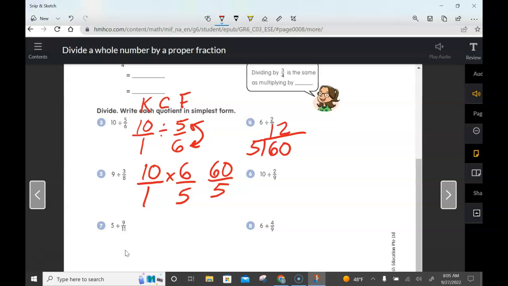That's going to go 12 times with nothing left over. We have a remainder of 0, which you would not even put up there. So 10 divided by 5/6 is going to equal 12. So again, anytime you see a whole number, to change that to a fraction, you put it over 1. You keep, you change, you flip.